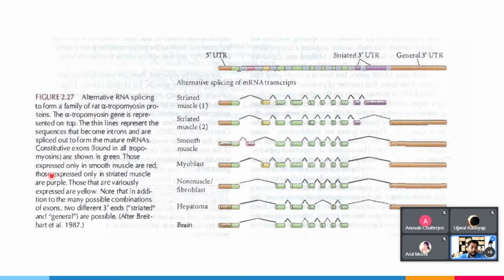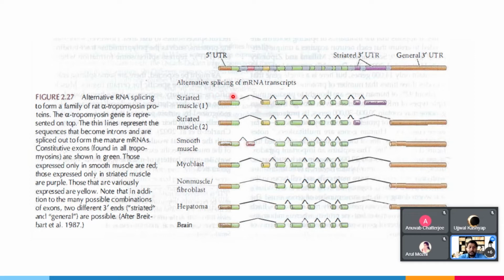So we'll go through the examples again that are given in the book. The first example that we look into is alpha tropomyosin. The alpha tropomyosin gene and mRNA sequence is given right here. We have a 5' UTR, different exons in colored patterns, gray bars indicating the introns, and then a 3' UTR at the end.